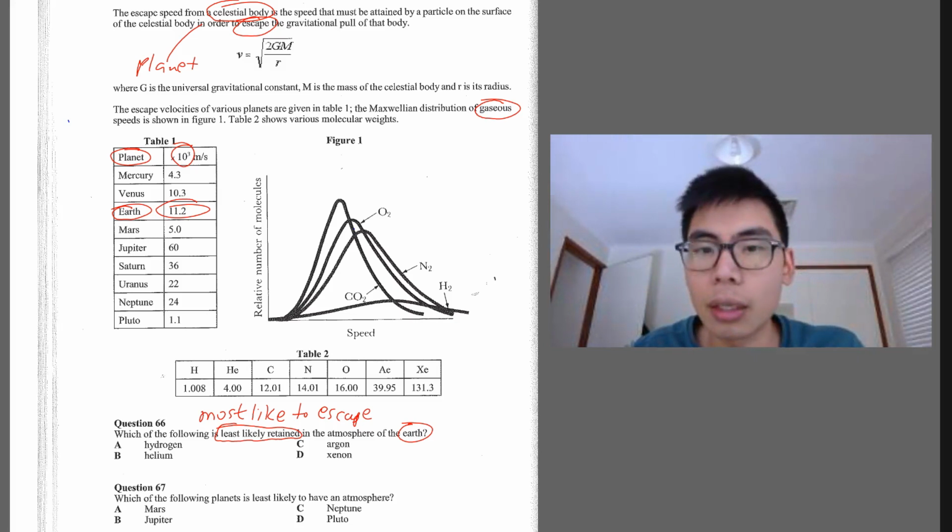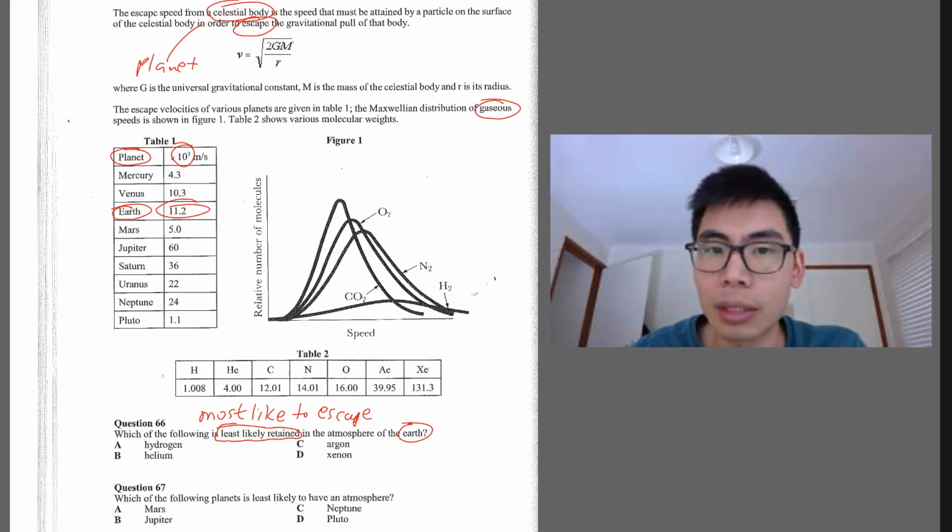The faster the object, the more likely it's going to be able to exceed the escape velocity or the escape speed. The next question should be, how do we know which one is faster out of hydrogen, helium, argon, and xenon? If we knew which of these gases was the fastest, it would be the most likely to escape.